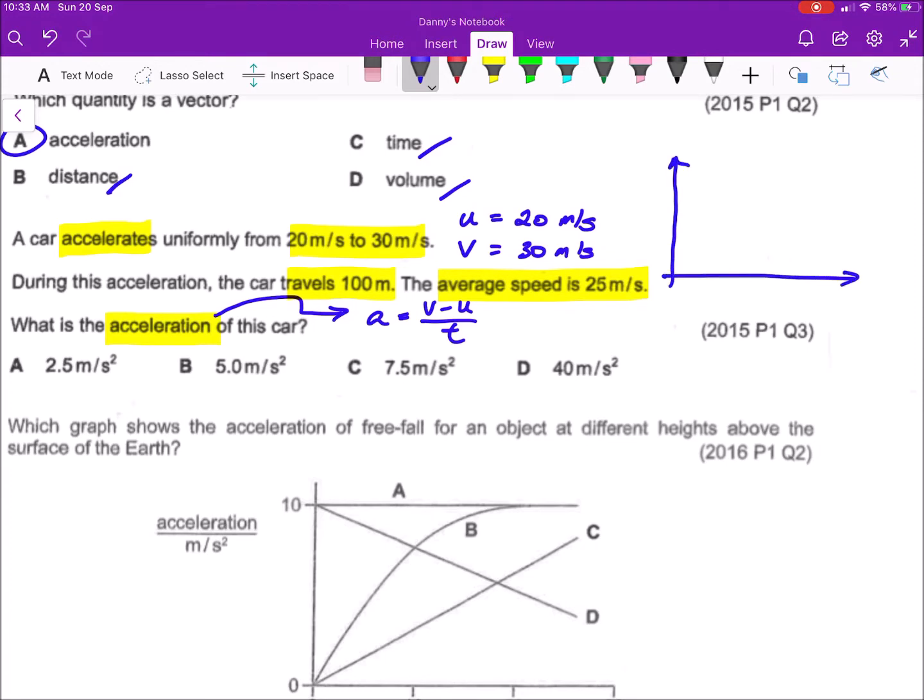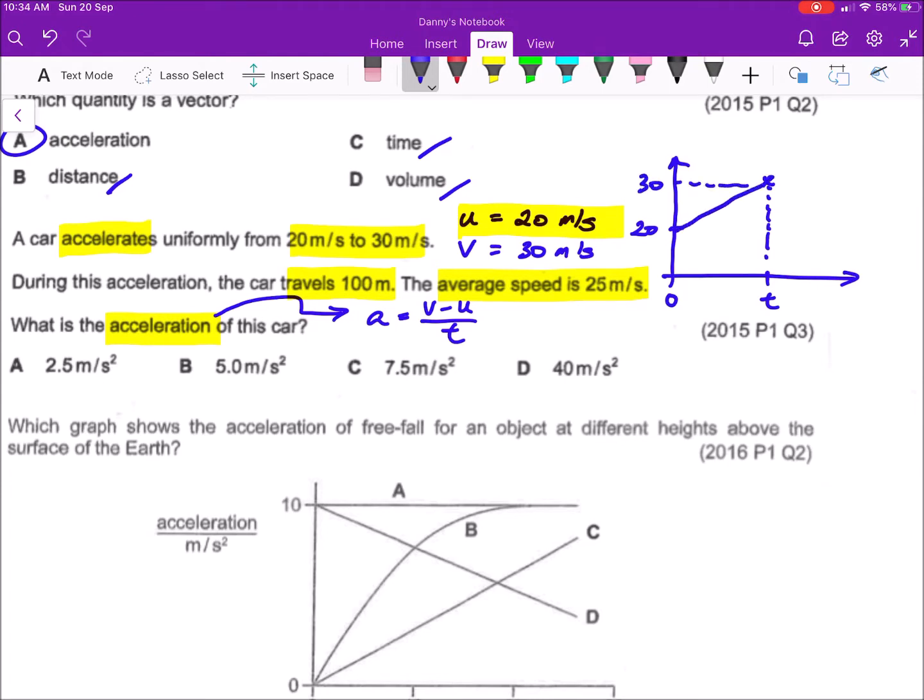So down here, what happened is that if you start the time from 0, the speed will start from 20, because this is your initial speed, right? Then the question is saying after some time, you do not know what time it is, so let's call it t. After some time, the speed would increase to 30.